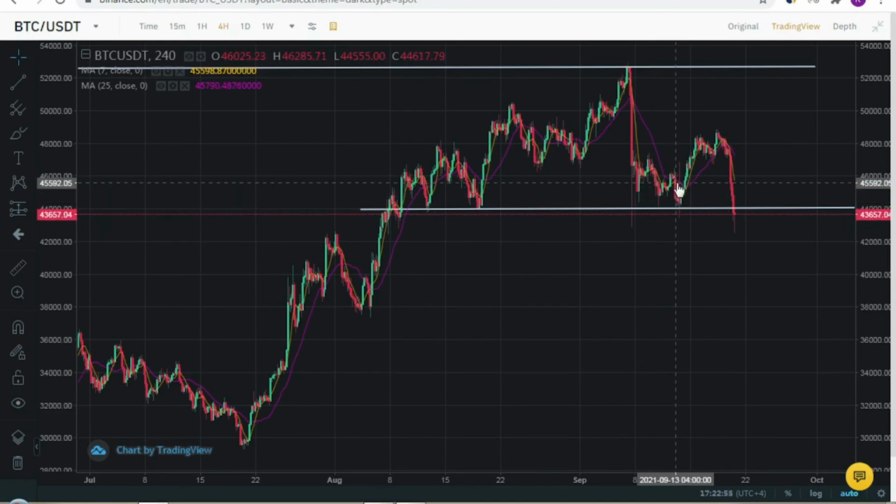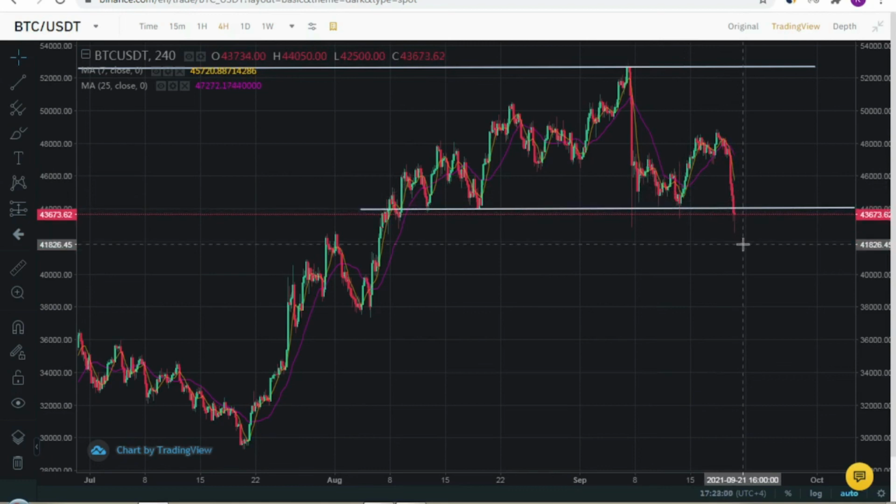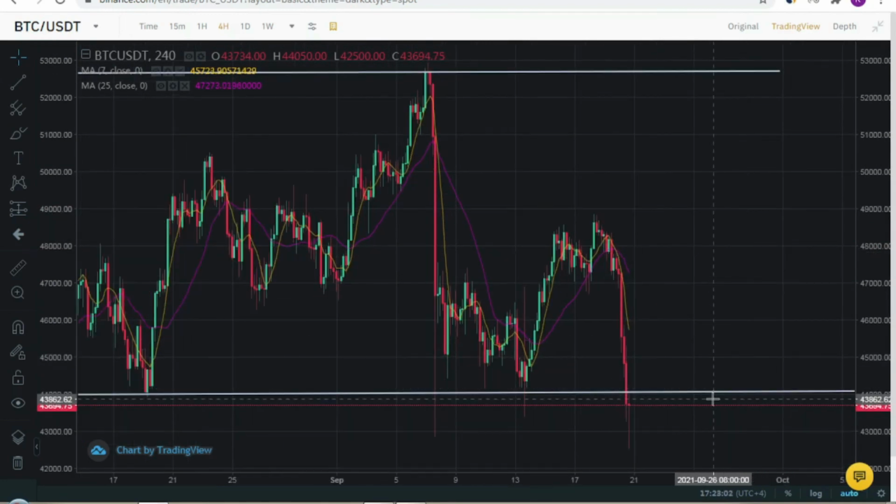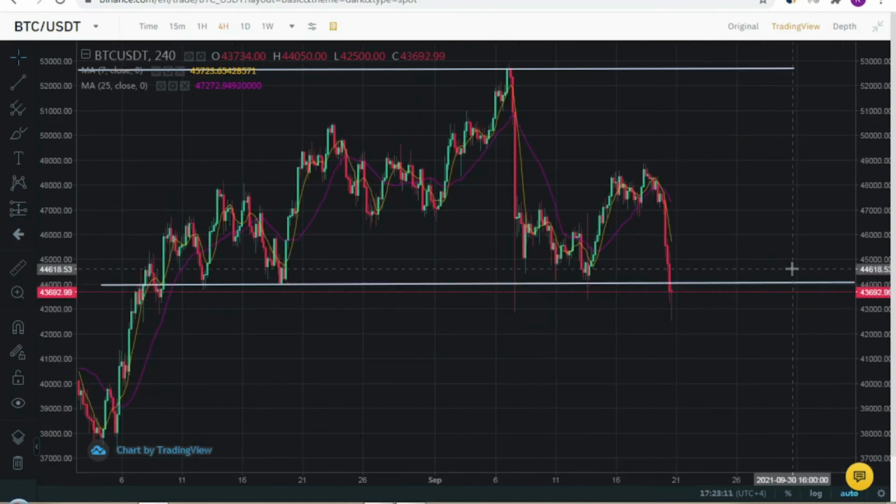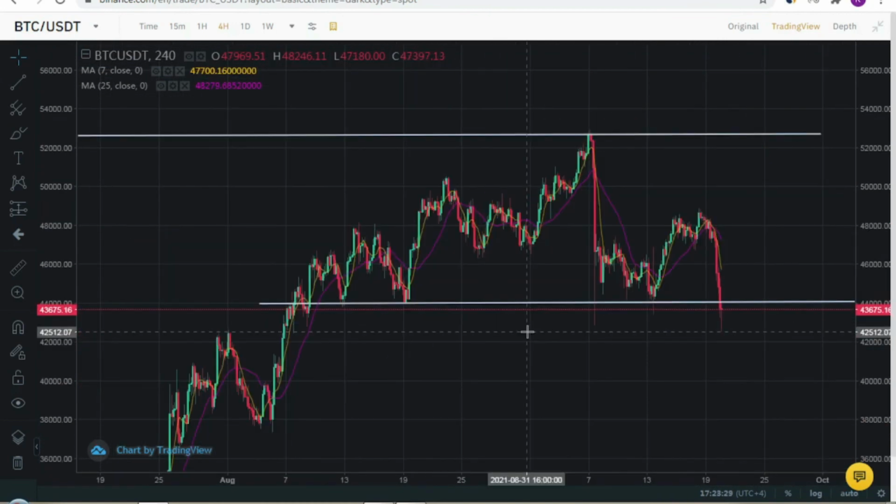We broke, we went back up and closed above until here that we finally broke and closed below. So this is not a good sign. This is a very bad sign. If Bitcoin does not close above this line, we are headed for doom.